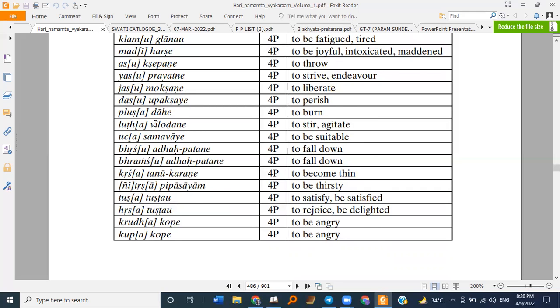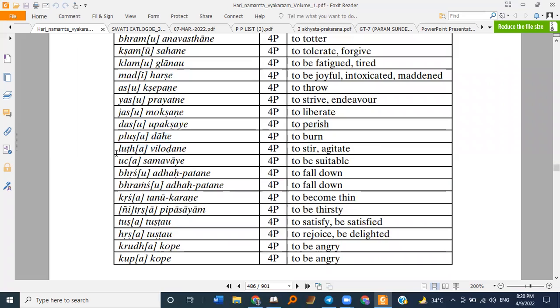Then Lutha Vilodane. Lunthana, in Hindi, we say Lotana. Lotana is like rolling down, let's say on the floor or somewhere. So that is actually coming from this root, Lutha, Lunthana. Ucha Samavai, to be suitable.